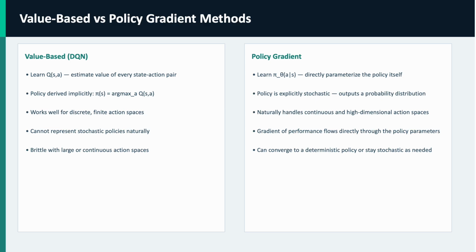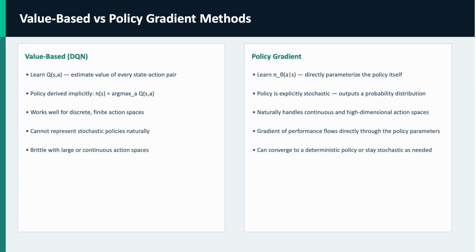But expected reward involves both the policy and the environment, and we can only observe samples of the environment. We cannot differentiate through it. The policy gradient theorem tells us how to work around this constraint elegantly using a mathematical trick from statistics.